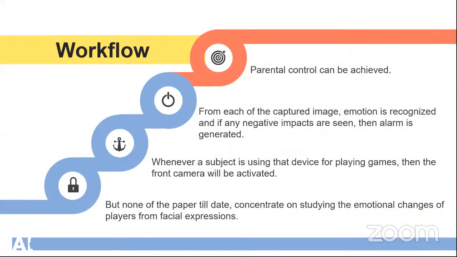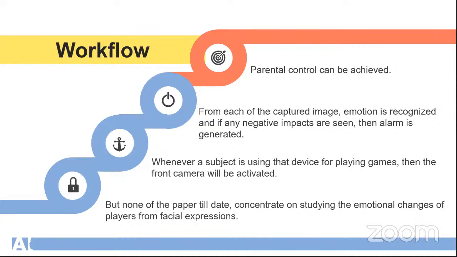So what we can do by this work is that parental control can be achieved. In this work, while you are playing the game, the front camera can get activated and the image can be captured. That is, in your mobile you have a front camera and you are playing the game, so your front camera gets activated automatically.